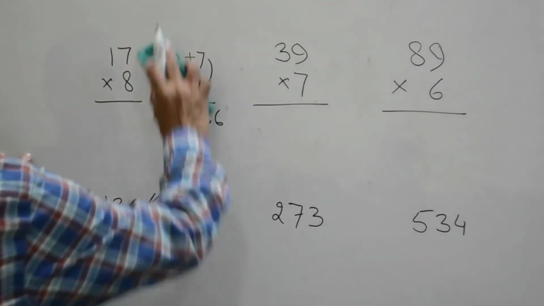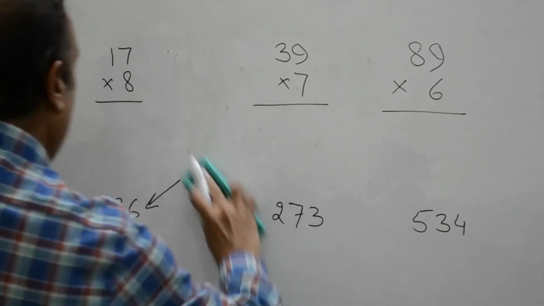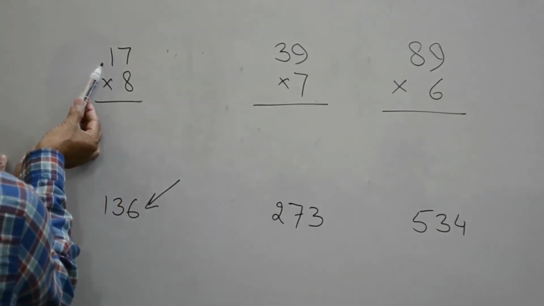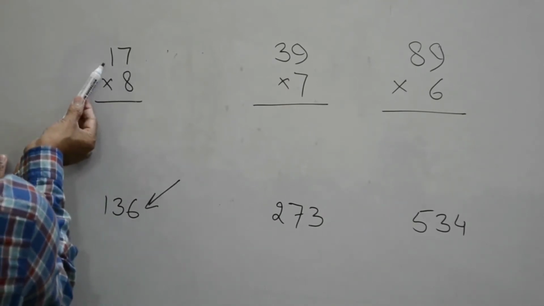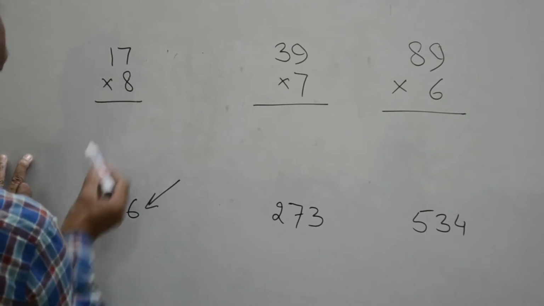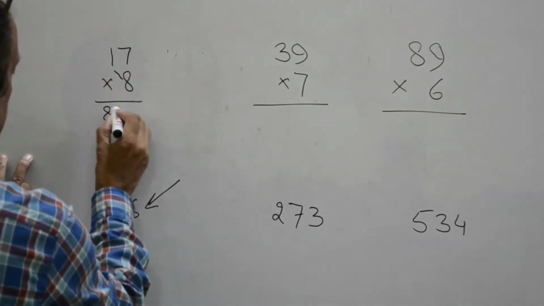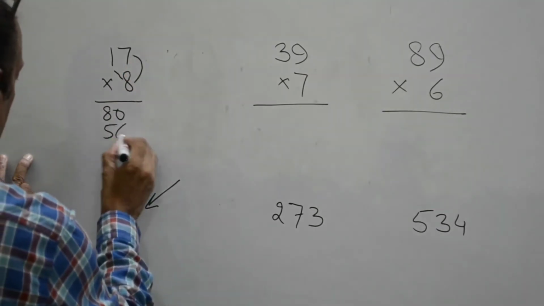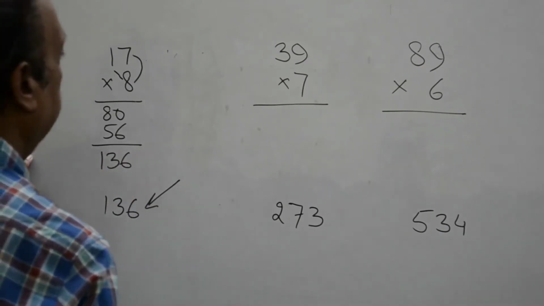So the method is: start multiplying from the left hand side. In this 17, this is 10, this is 7. Multiply 10 by 8, it is 80. Multiply 7 by 8, it is 56. So our answer comes to be 136.